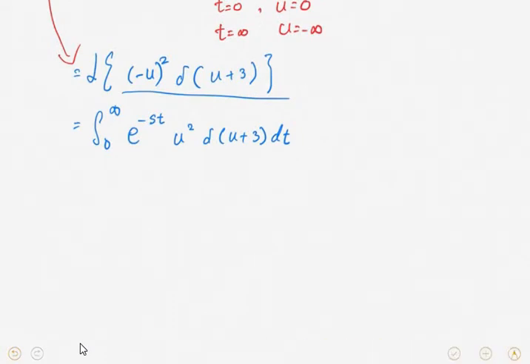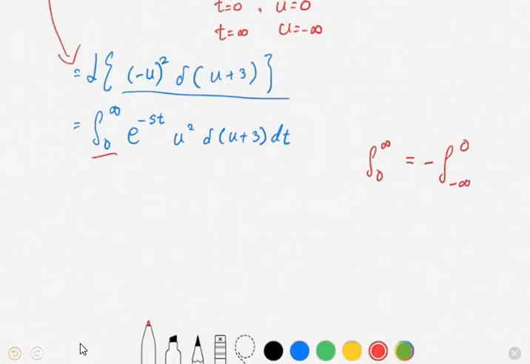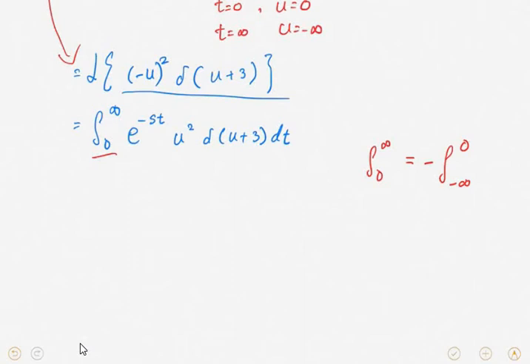So integration from 0 to infinity is also the same as negative integration from negative infinity to 0. So now we change the direction, negative infinity to 0, and then negative st again we change in terms of u, then u square delta(u plus 3) dt changes to negative du.